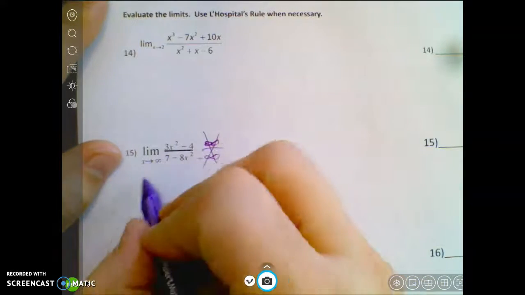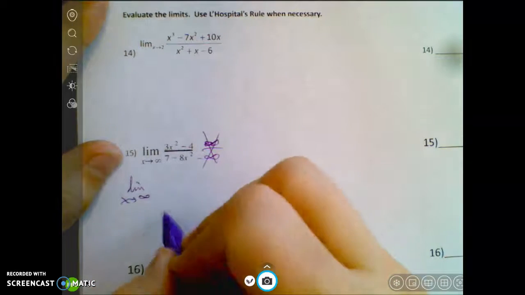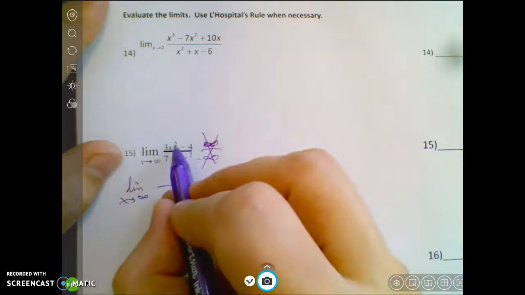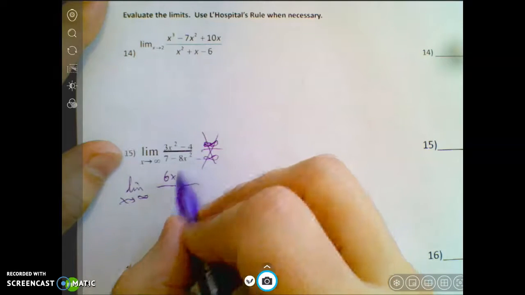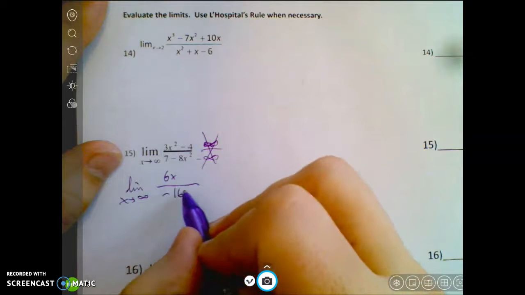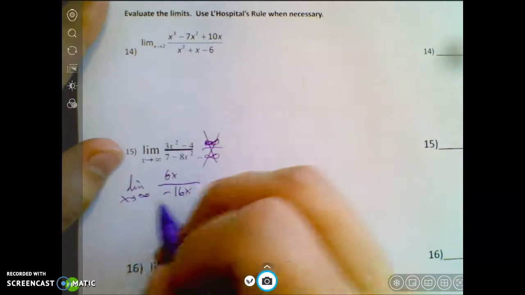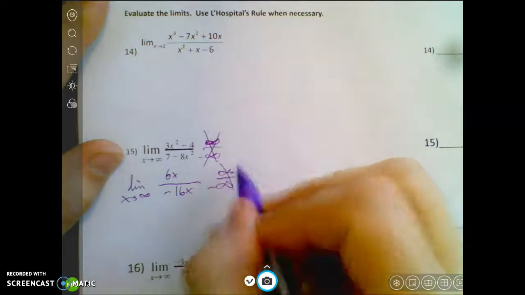And L'Hopital's rule says go ahead and take the derivative of the top and the derivative of the bottom and then try to plug in infinity again. Okay, so the derivative of the top is 6x, right? The derivative of the bottom is negative 16x, because the 4 goes away, the 7 goes away. And then I try it again, and I get infinity over negative infinity again, which still isn't good enough.